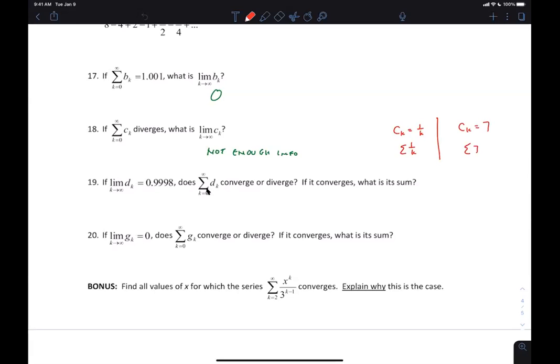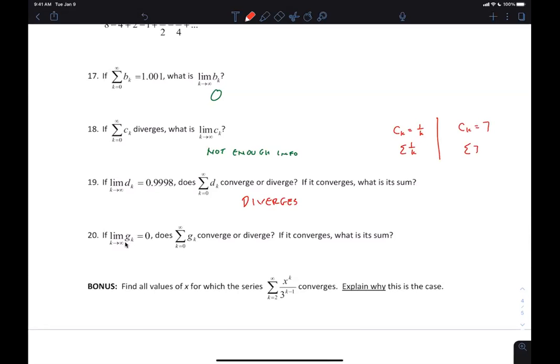So if we know that, what does the series do? What do you guys think? It diverges. And the reason why it diverges is because that limit of the sequence is not 0. Does that make sense to everybody?